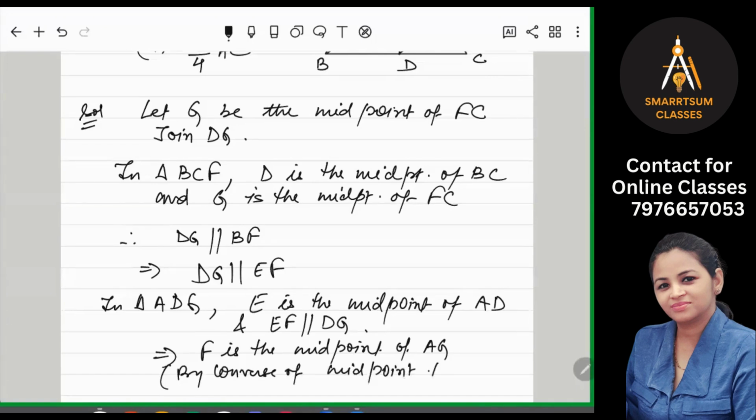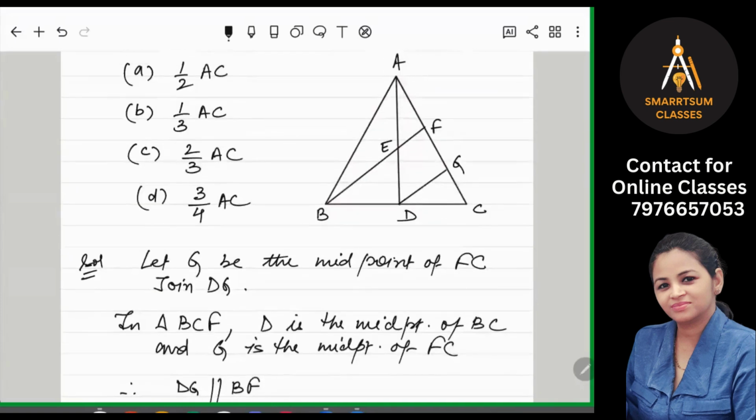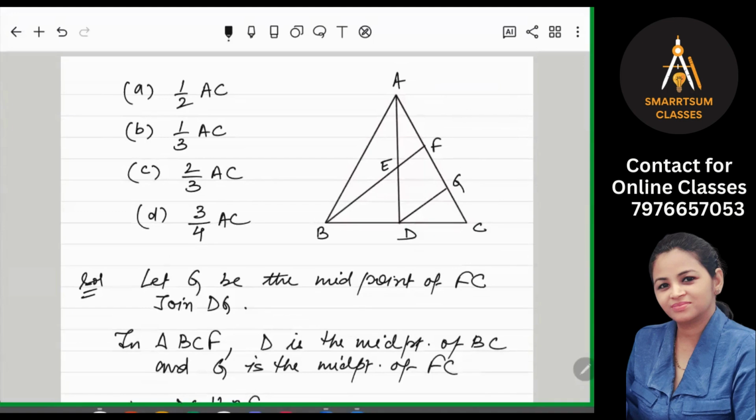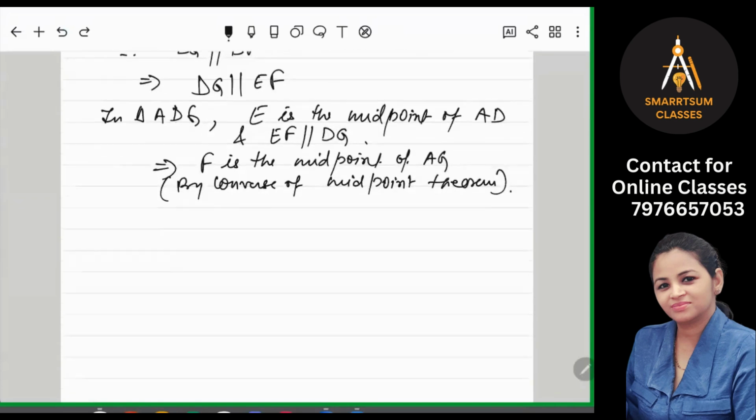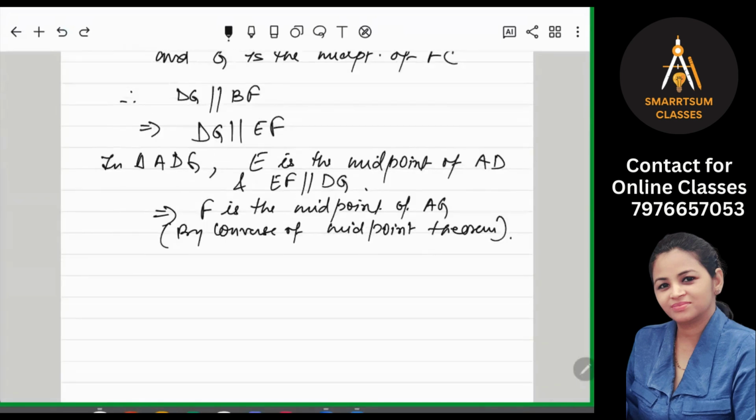So what is the converse of the midpoint theorem? In a triangle, if a line is drawn from the midpoint of a side of a triangle parallel to the second side, it will meet the third side at its midpoint, or bisect the third side. So this is the converse of the midpoint theorem. From this we can say that F will also be the midpoint of AG.